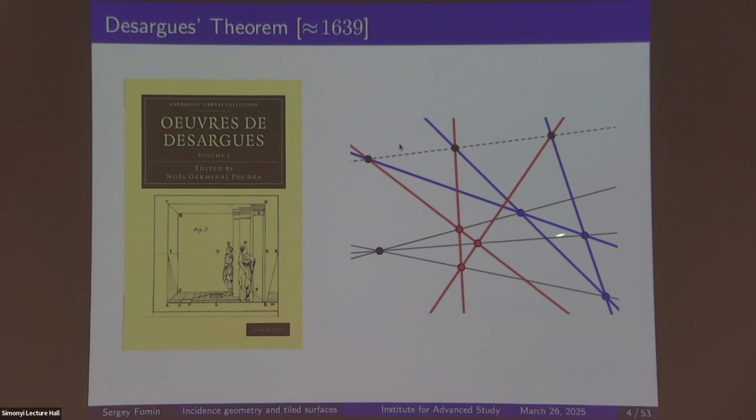And what this one says is that if you have 2 triangles in the plane, which are perspective from the same point, so when you look from here at the red points, they completely block the view of the blue points, then the corresponding sides of these triangles intersect at 3 points which are on a line. So this is the Desargues theorem.